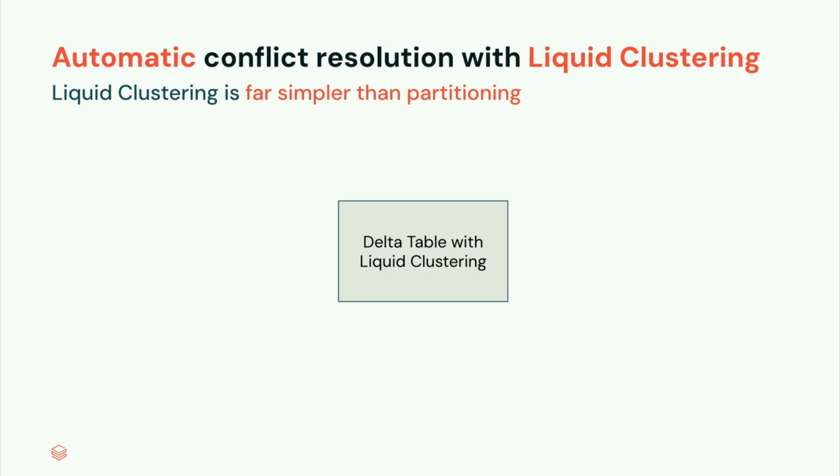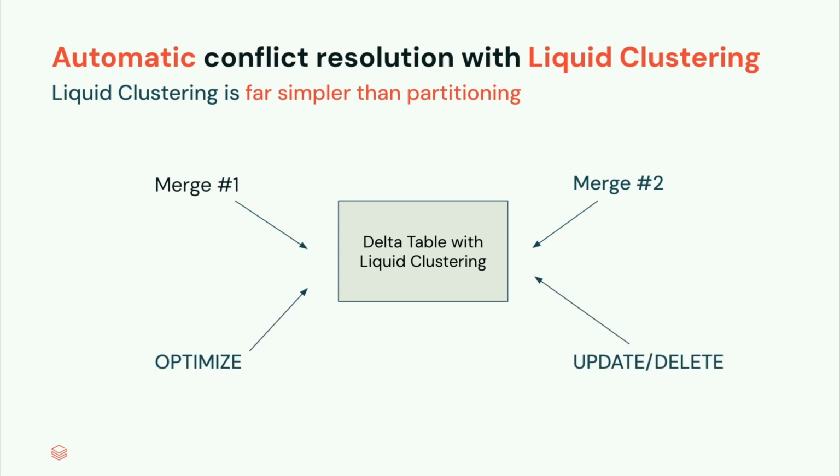So this is the thing we wanted to solve with liquid clustering, where we didn't want you to think about what your partitioning is, what your data layout is. We just want you to concentrate on the application. And with liquid, let's say you have 2 merges operating on the same dates. You may also have optimize operating on the same date. Let's say you also have some GDPR update deletes operating at the same time.